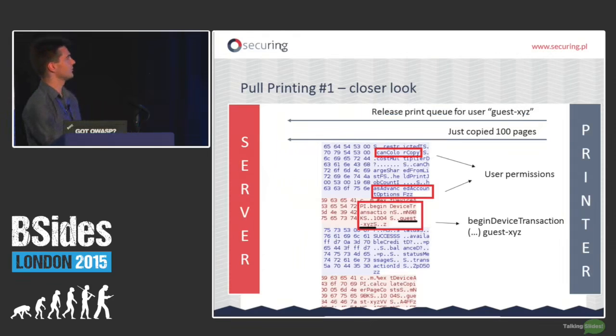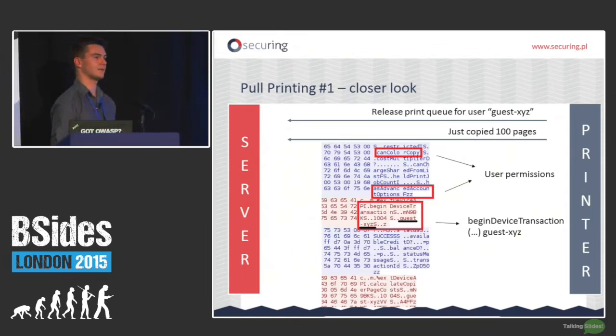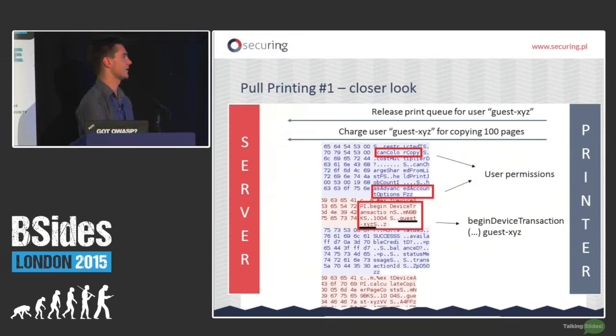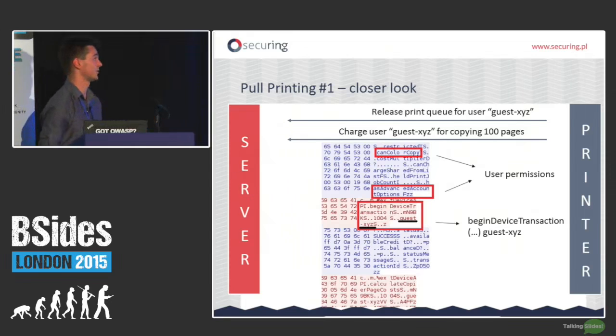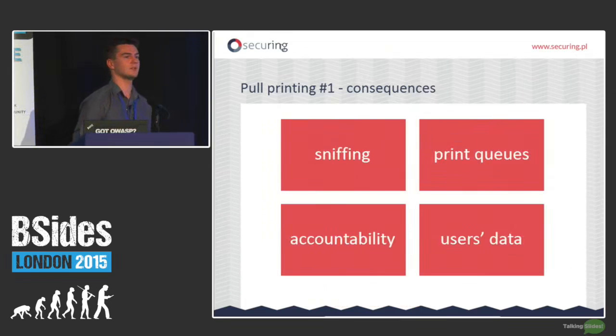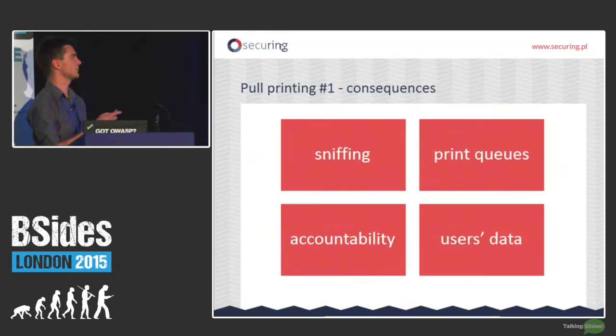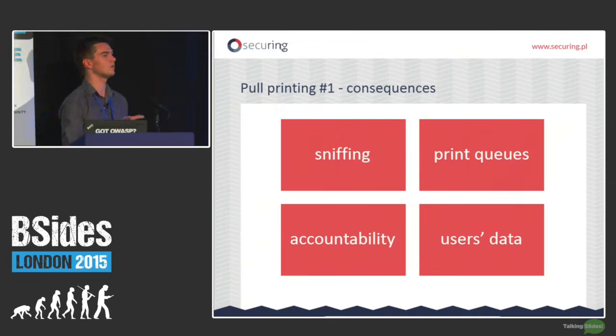So actually, we were able to release the print queue of another user, and what is even funnier, the account that was charged for printing these pages was his account, because later there was another transaction for charging the user account for printing these jobs. So actually, attacking this protocol showed us that all the key risks were broken here. We could sniff, we could print the other print queues, tamper with the accountability, and actually get other users' data.